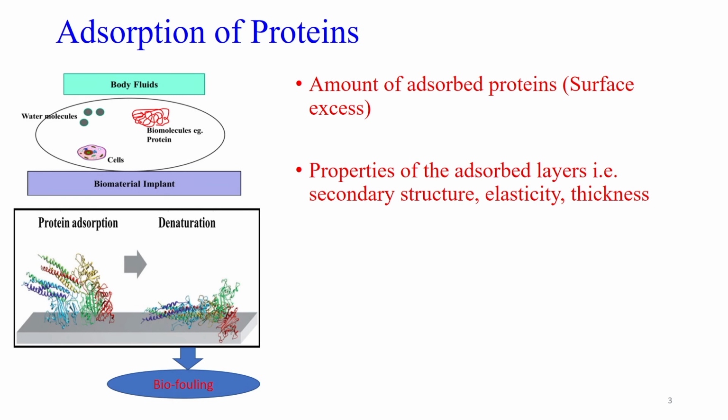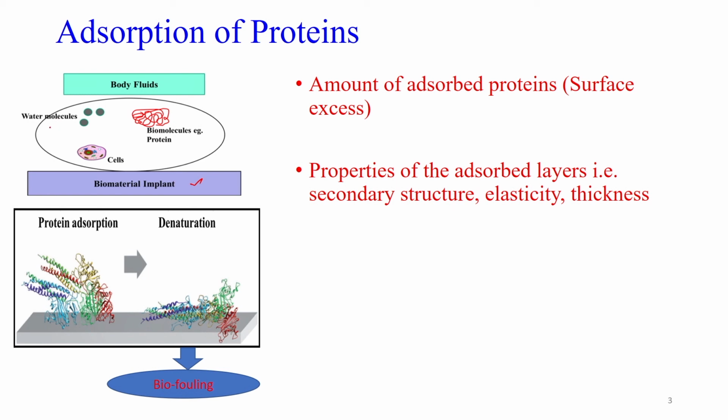First we will quickly see, as I discussed in the last class, we have a surface, you may say a biomaterial implant, coming in contact with the body fluid. Body fluid mainly consists of three components: water molecules, biomacromolecules like proteins, and cells.